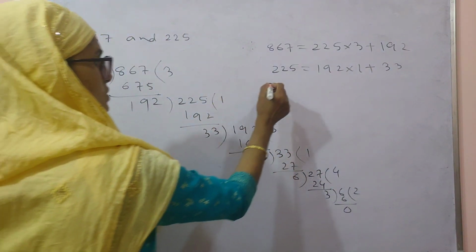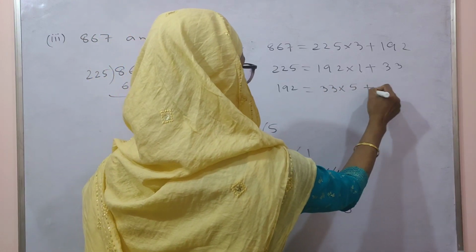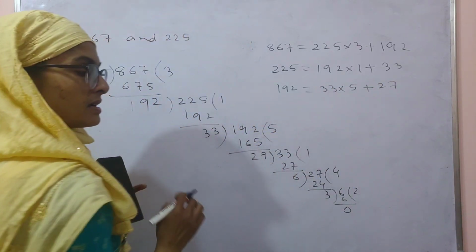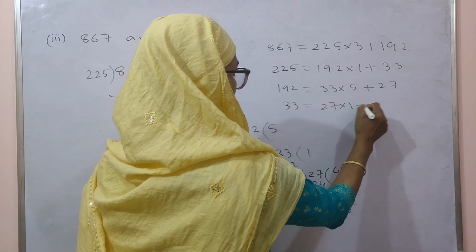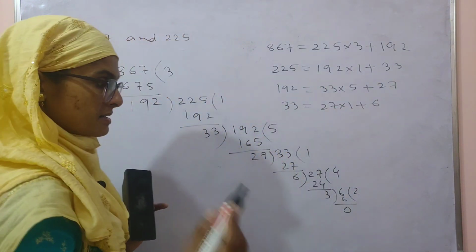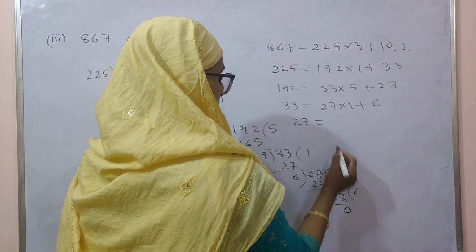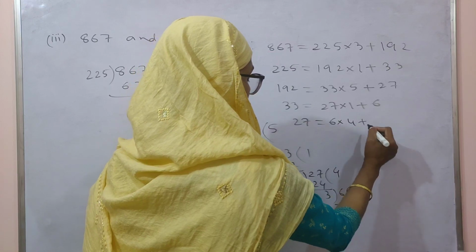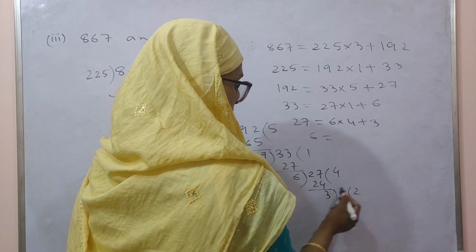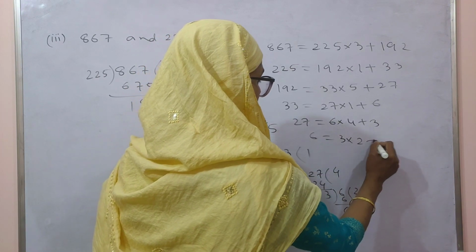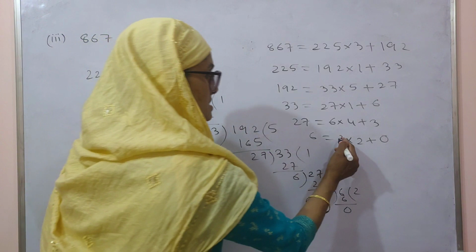Next, 192 equals 33 into 5 plus remainder 27. Next, 33 equals 27 into 1 plus remainder 6. Next, 27 equals 6 into 4 plus remainder 3. Next, 6 equals 3 into 2 plus remainder 0. So therefore the HCF is 3.